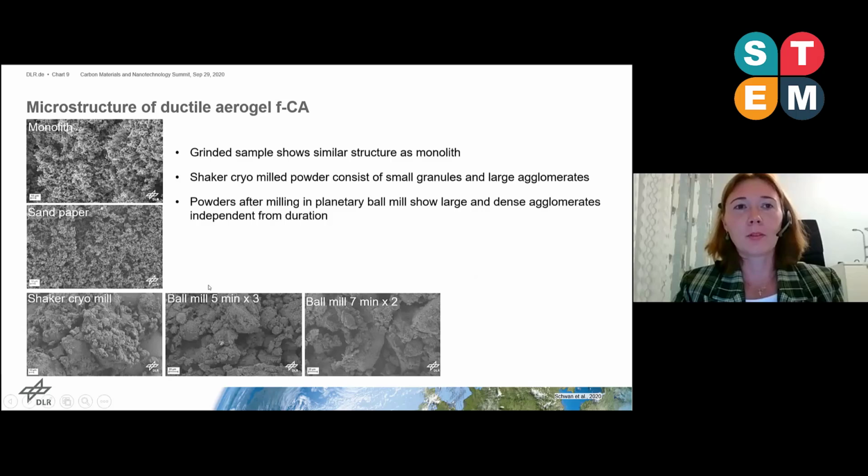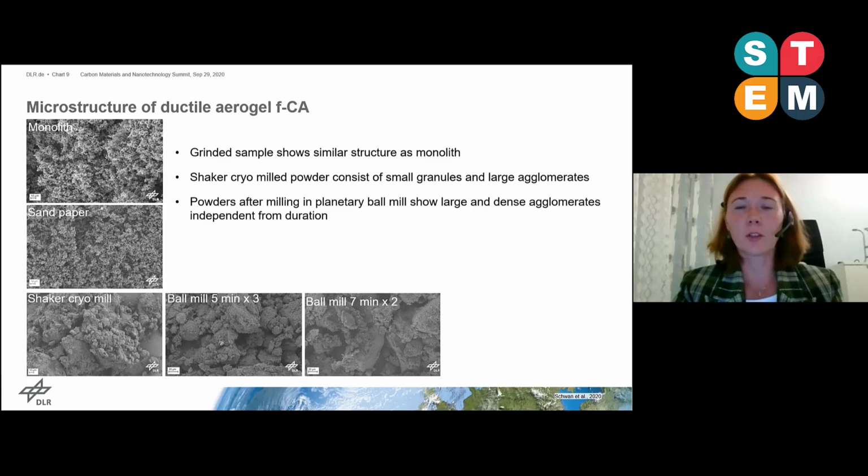The flexible carbon aerogel has very, very small particles, and if we grind it with the sandpaper, then we see that the structure is not changed. We cannot see some smaller particles. After shaker cryomilling, we see that we just somehow compressed the produced granules to very compact particles.